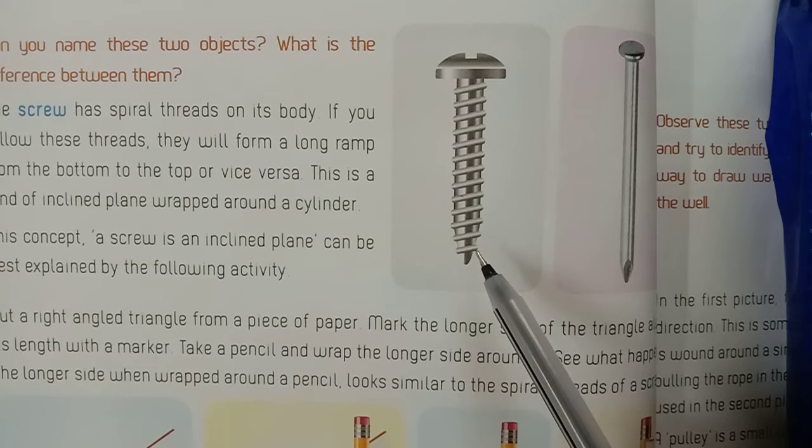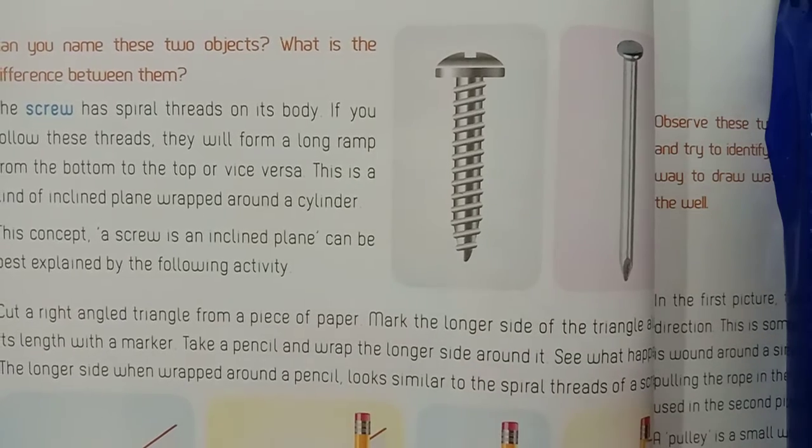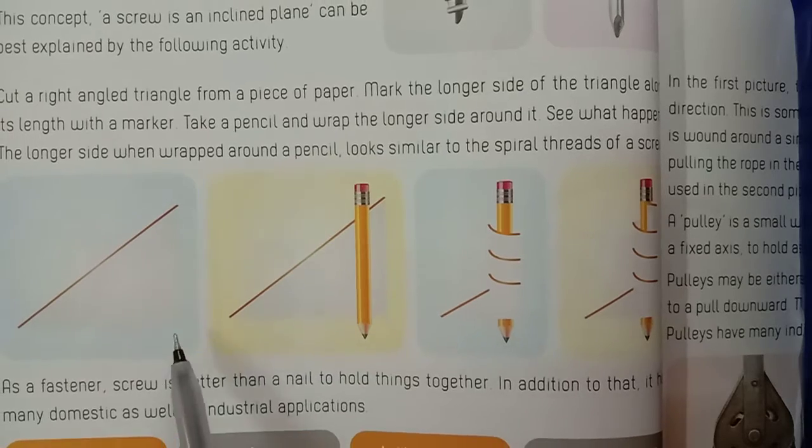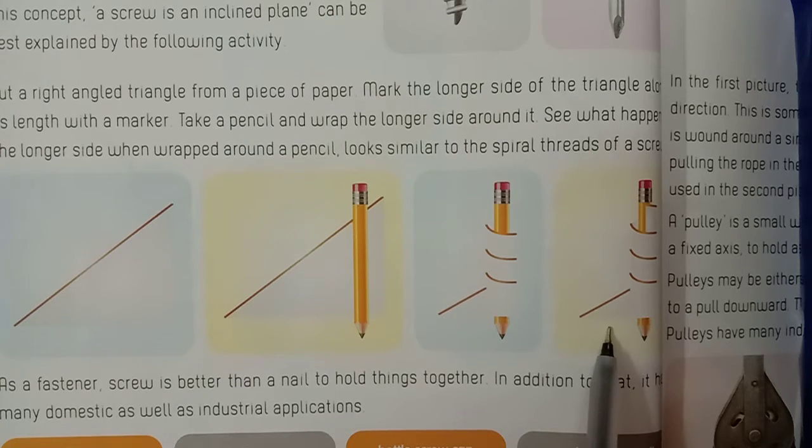This concept, a screw is an inclined plane, can be best explained by the following activity. See here, children, this is an activity. Listen carefully and do it at home.